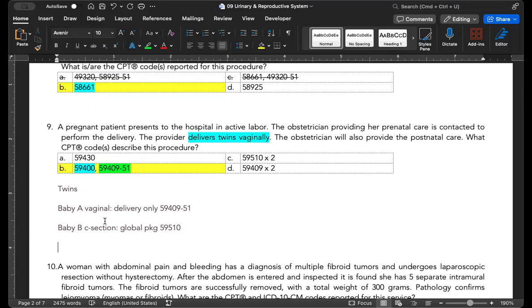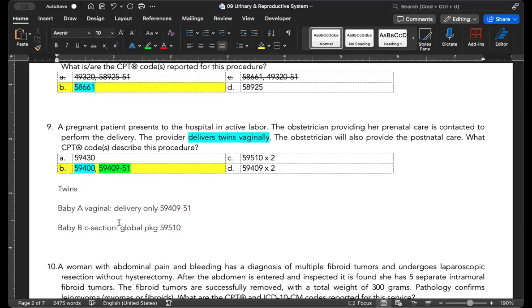If it is unsuccessful, so mom attempts it or she goes into labor, and then the doctor says we have to stop it because of blood pressure, because of stress on the uterus, the baby, whatever it could be, and they decide to go in and do a C-section, that's known as a failed VBAC or an unsuccessful VBAC, because we tried to do a vaginal delivery, but it was unsuccessful.